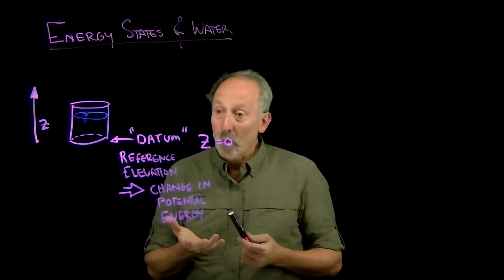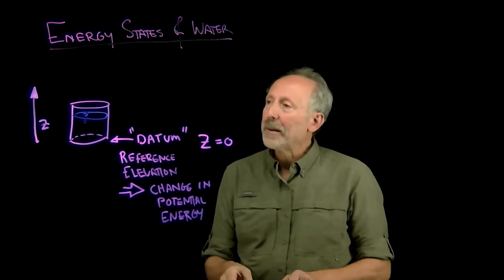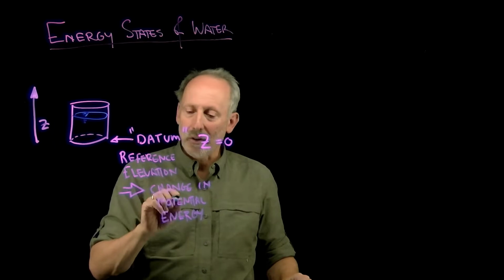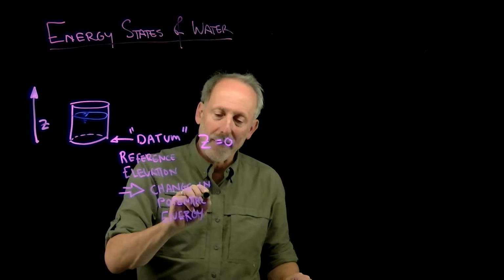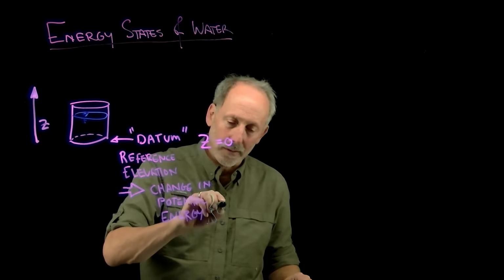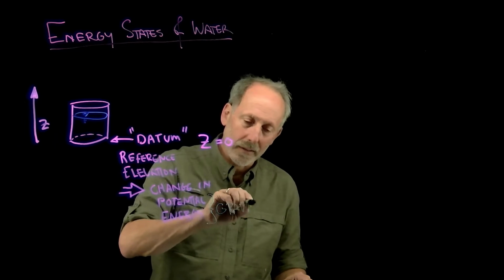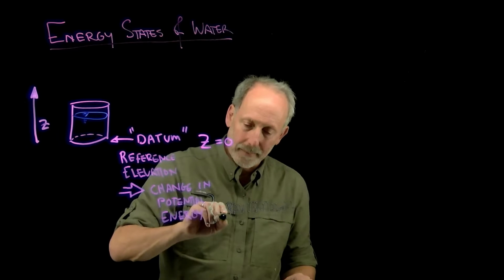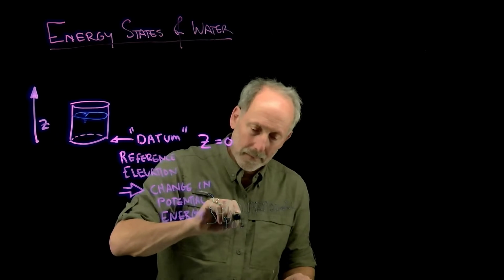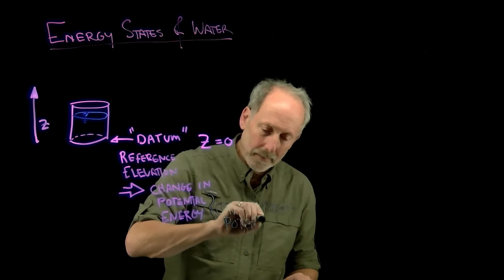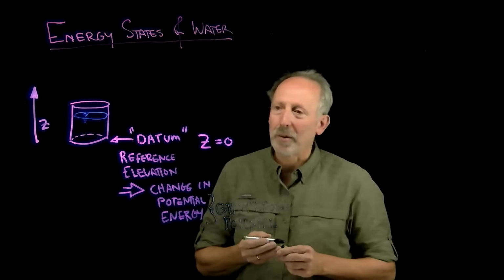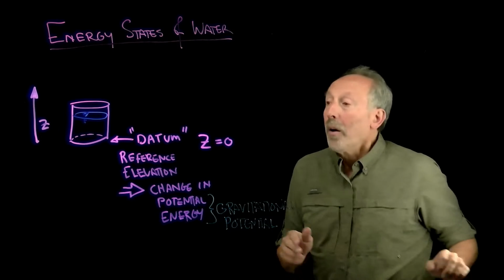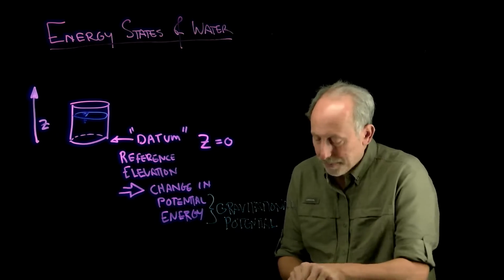Now, the next thing we want to talk about is the water pressure. So that's the elevation, and that's going to be called the potential energy or gravitational potential. Okay. So now let's talk about pressure.